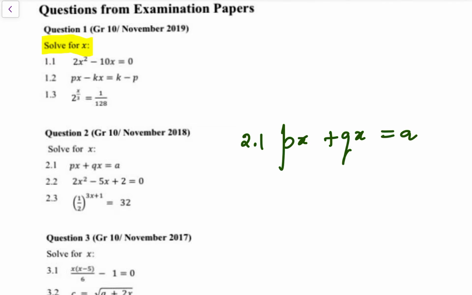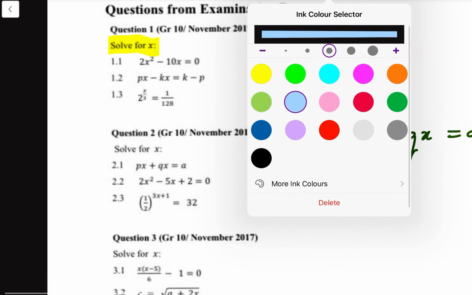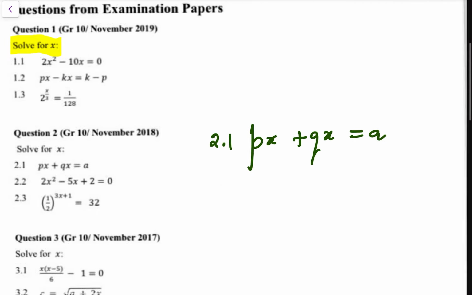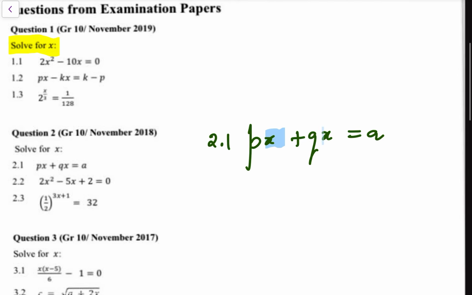Now we can see again the x that we are looking for is a common factor on the left-hand side. So we can take x out as a common factor, and then we will remain with p plus q is equal to a. And then on both sides, I can divide by p plus q.